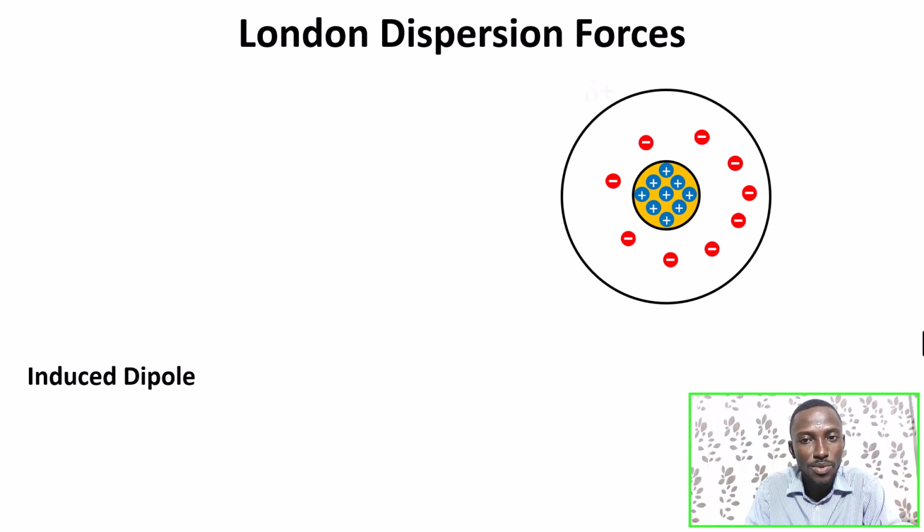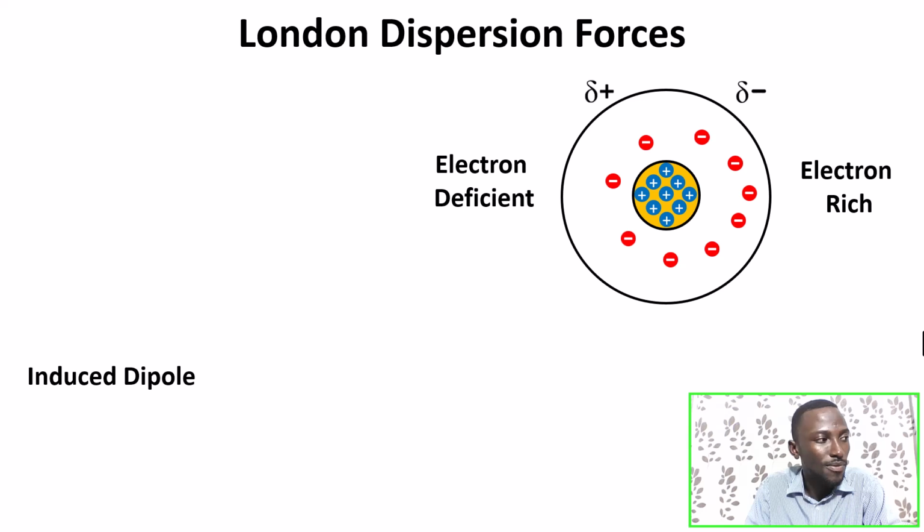As a result, one side becomes partially positive, while the other becomes partially negative. The partially positive side is electron deficient. The partially negative side is electron rich. This kind of dipole is known as a temporary dipole.